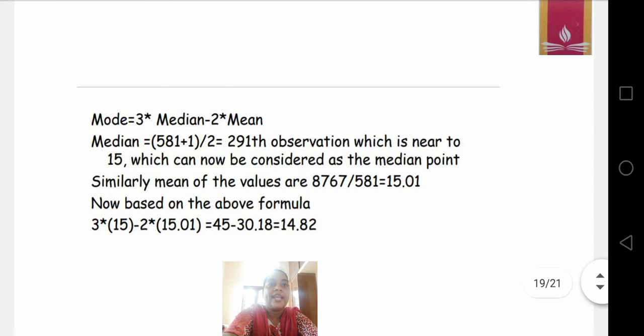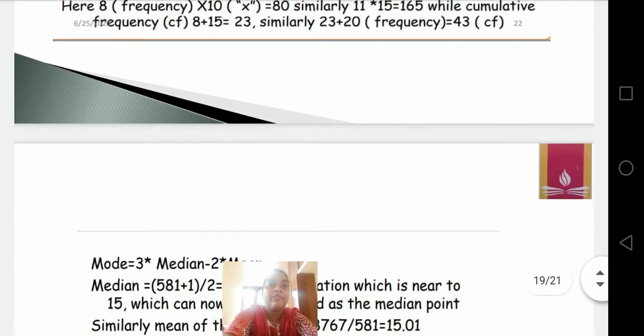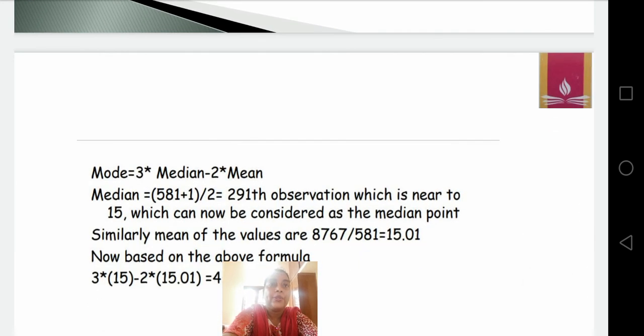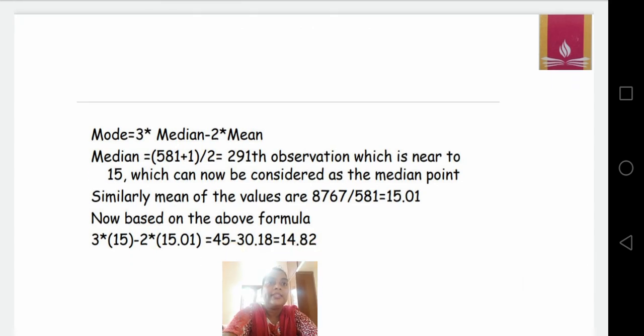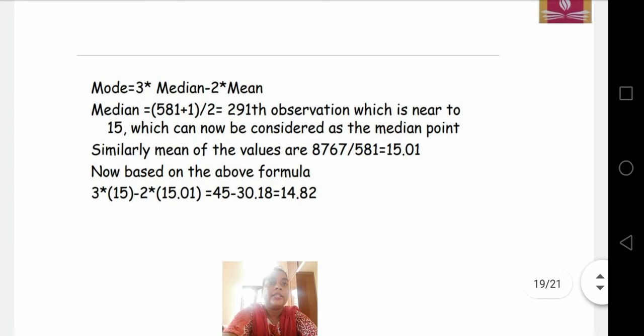Similar way, we identify the mean of the values. So the mean, we can calculate from the same formula: mean is equal to 3 median minus 2 mode. Understood? So here the mean value, we know that it is summation fx divided by summation f.